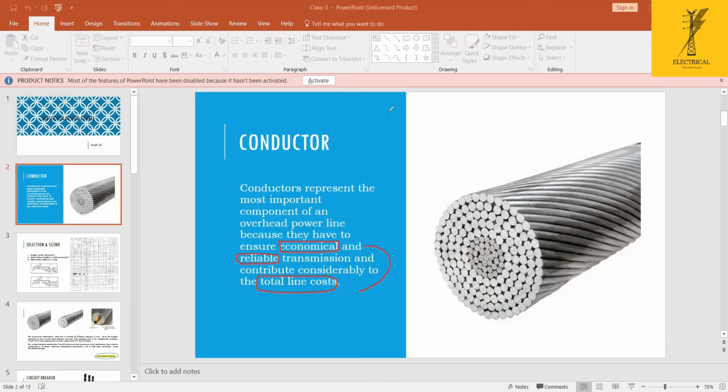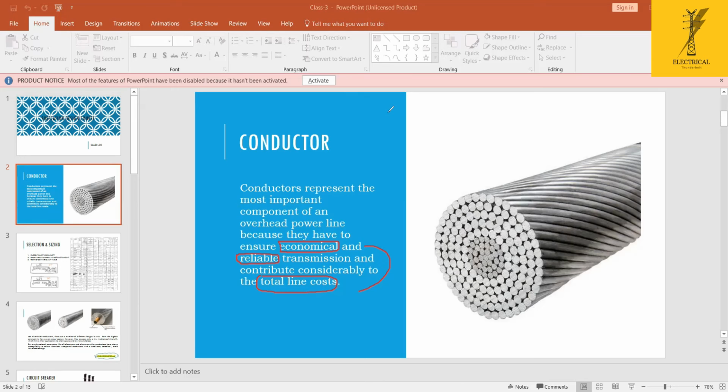So we have to select a conductor or any scheme that should be techno-commercially viable, which means it should have good reliability as well as less cost.